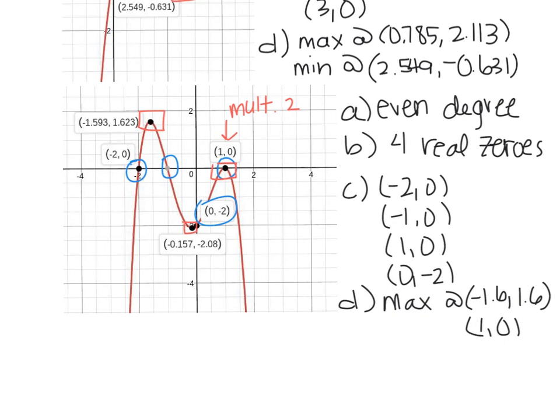And then we also have a min, which is at (-0.2, -2.1). You can put all 3 decimal places if you would like, or 2, as long as you have at least 1 decimal place.